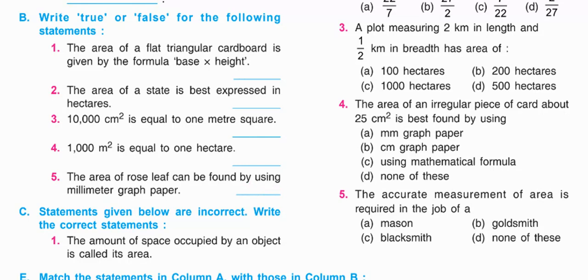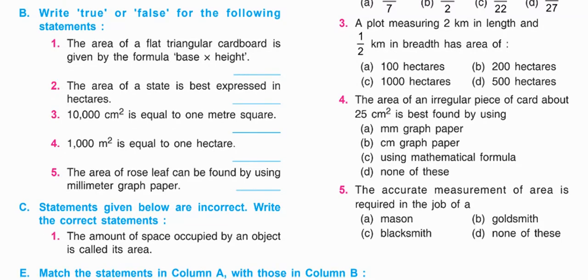Now, we have solved A and B parts. Now we are going to part C. Statements given below are incorrect. Write the correct statements. The amount of space occupied by an object is called its area.